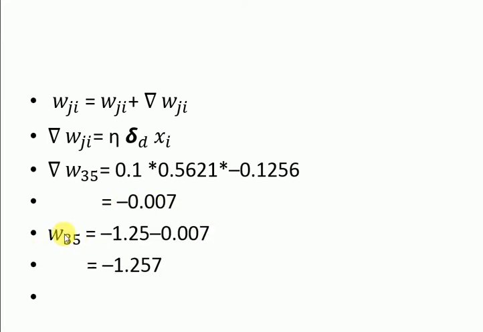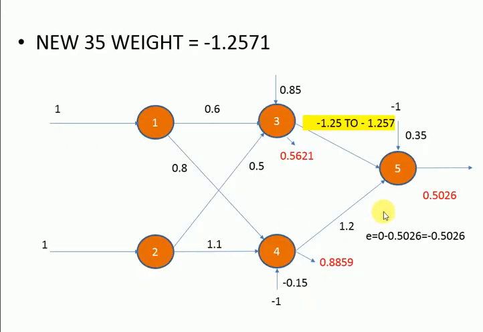So the new value obtained, this weight is changed to minus 1.257. The new weight that is calculated is minus 1.257, and the eta value is 0.1.